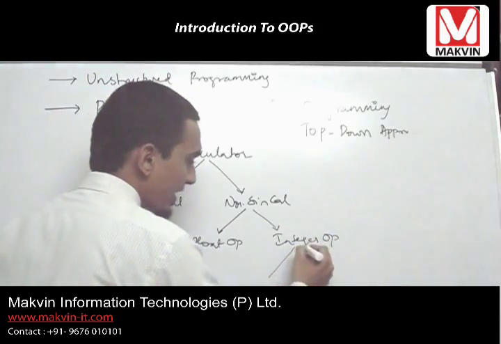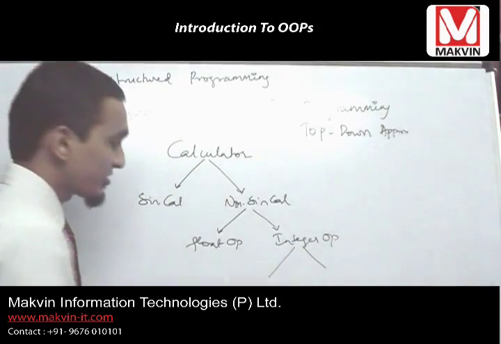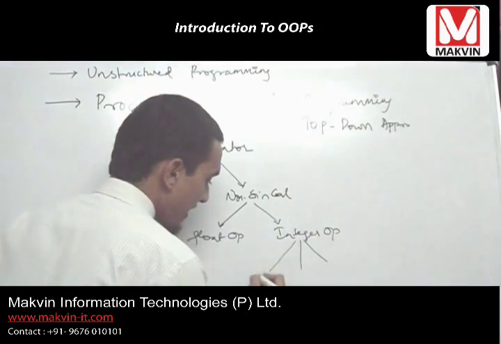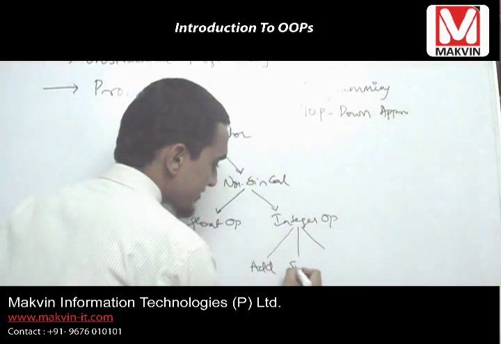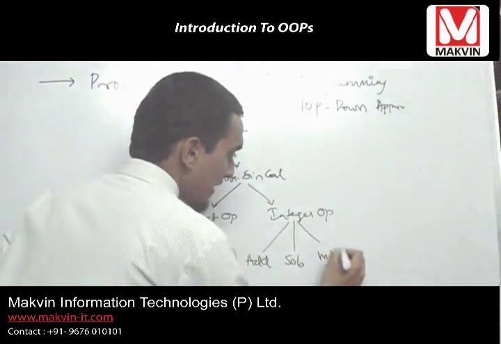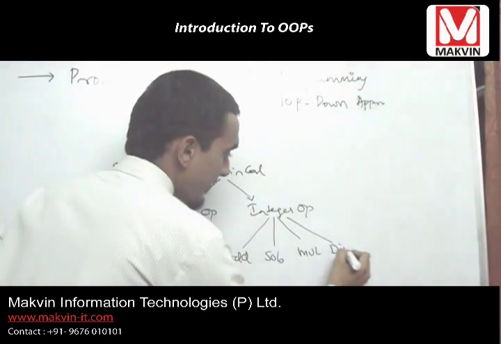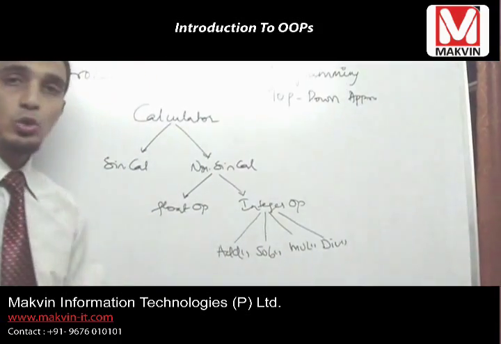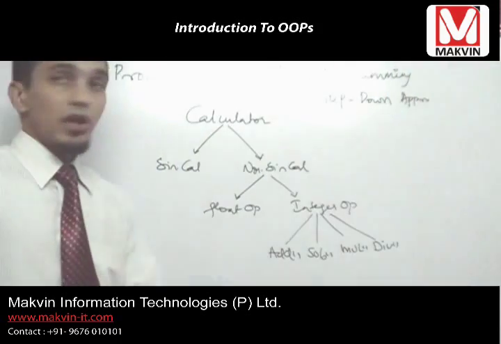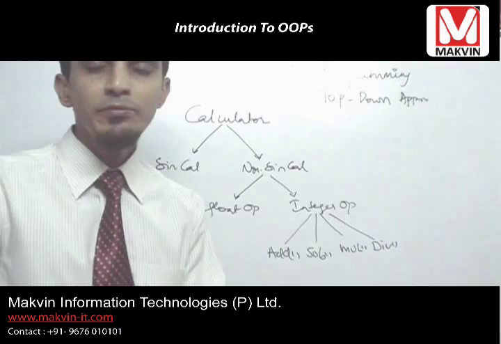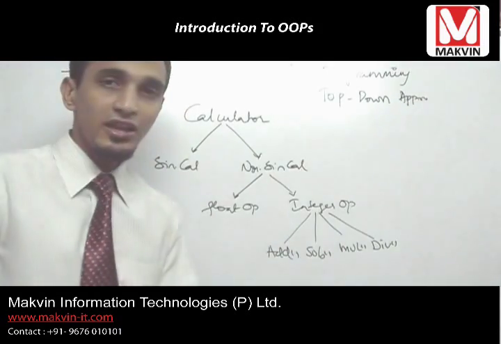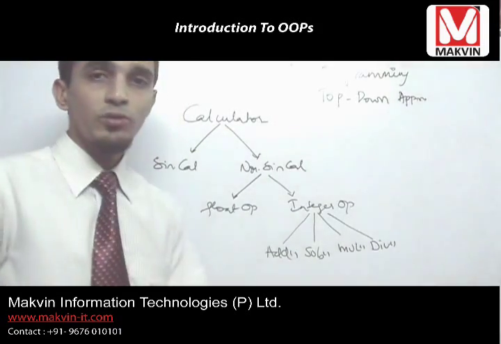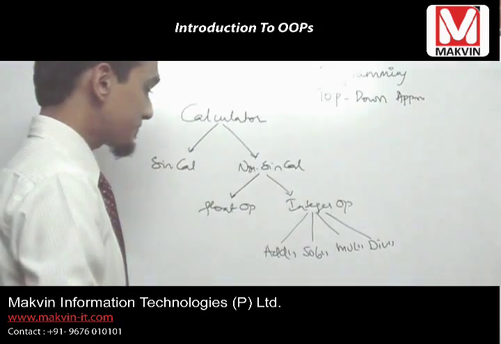Now I again subdivide integer operations into operations like add, subtract, multiply and divide. So how long do I need to divide the given task? I go on dividing my task until I get a stand-alone function or procedure.